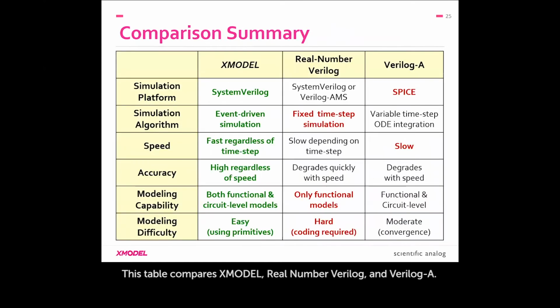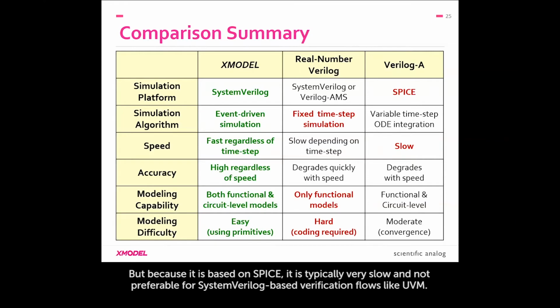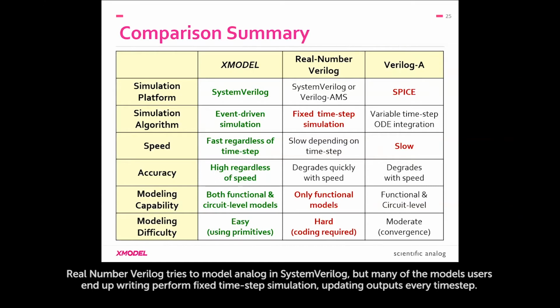This table compares XModel, real number Verilog, and Verilog-A. First, Verilog-A is based on SPICE, therefore it can model anything analog. But because it is based on SPICE, it is typically very slow and not preferable for SystemVerilog-based verification flows like UVM. Real number Verilog tries to model analog in SystemVerilog, but many of the models users end up writing perform fixed time-step simulation, updating outputs every time step.